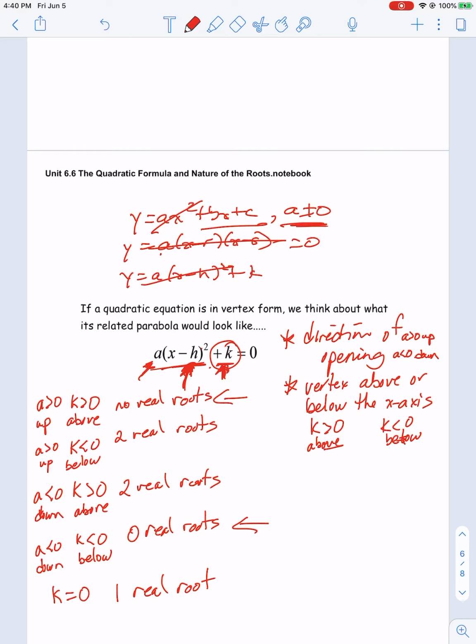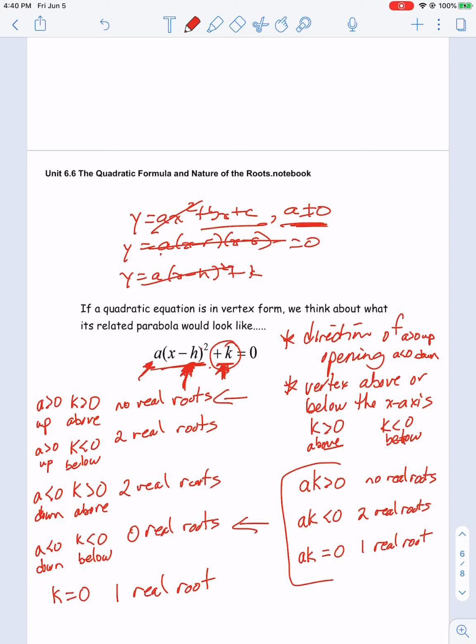You're going to get a positive. So if A times K is greater than 0, there are no real roots. If A times K is less than 0, there are 2 real roots. And if A times K equals 0, there's 1 real root.